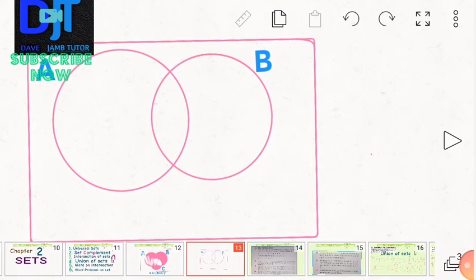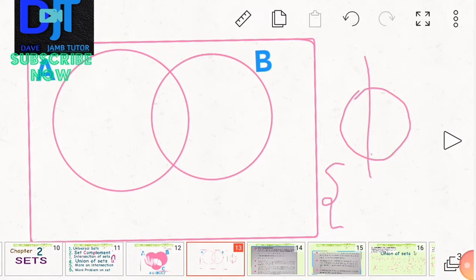It is an empty set, and it is represented with this sign. So whenever you see that sign, it is always an empty set. And at times it is also represented with two curly brackets containing nothing.